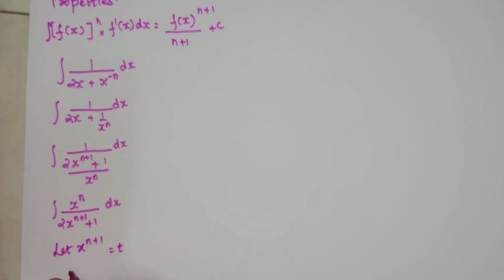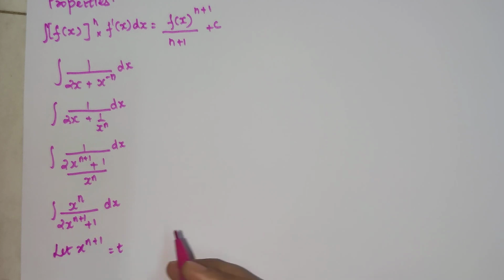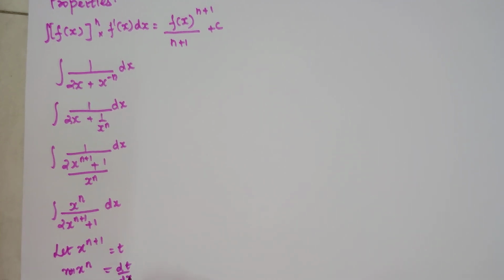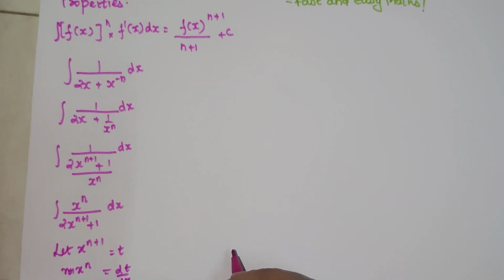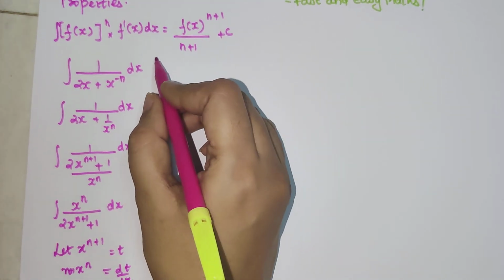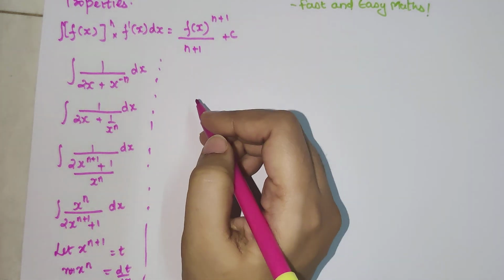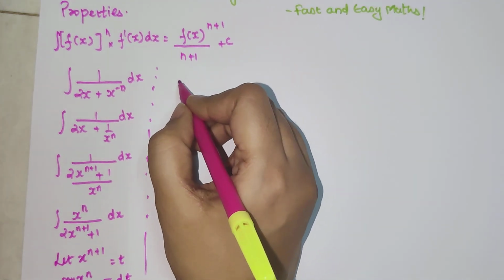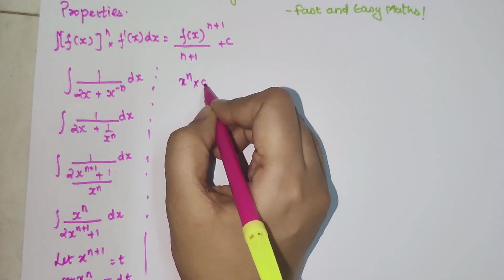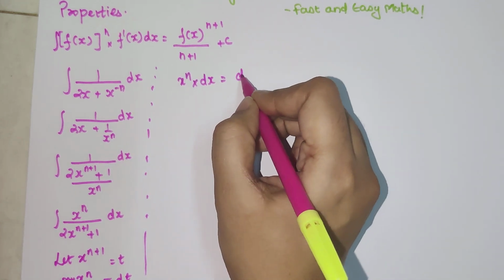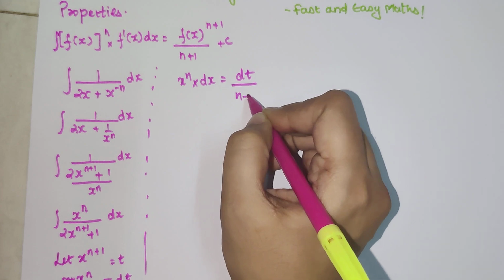Differentiating both sides by x, we get n plus 1 into x raised to n is equal to dt by dx. So we can say that x raised to n into dx is equal to dt upon n plus 1.